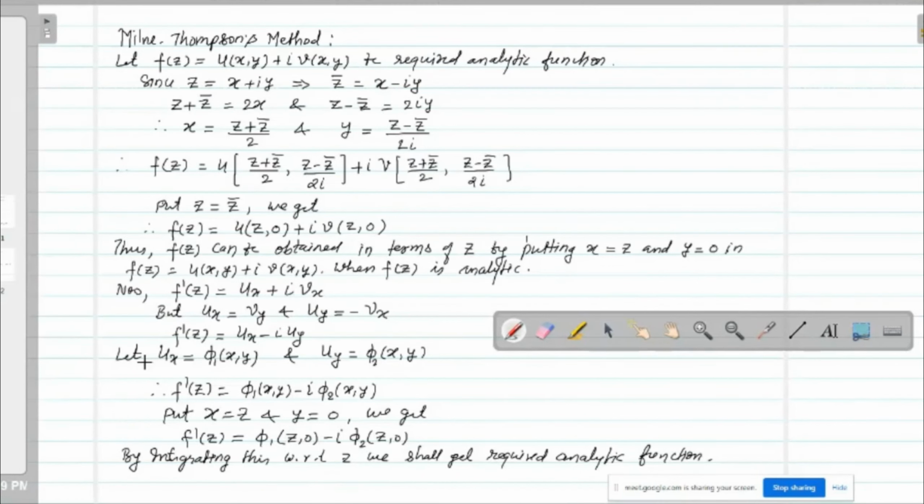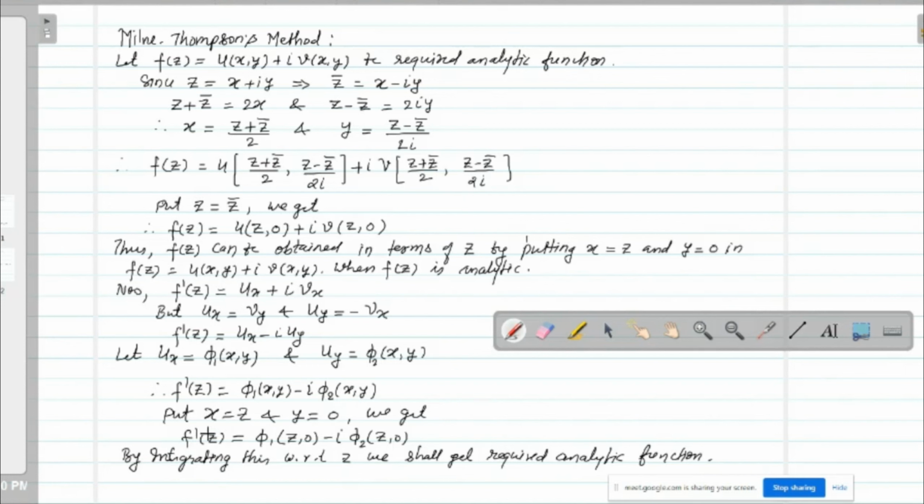Now by letting vx equal to psi of x comma y and vy equal to psi 2 of x comma y, you can find the expression for the imaginary part.